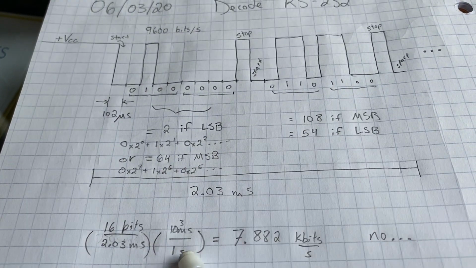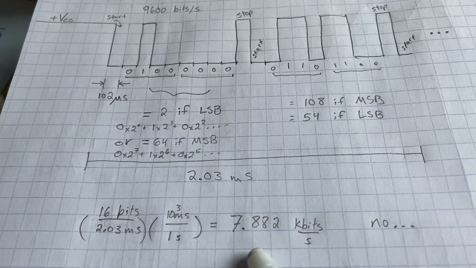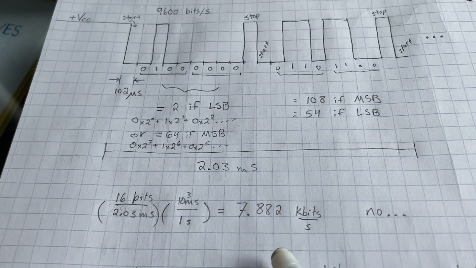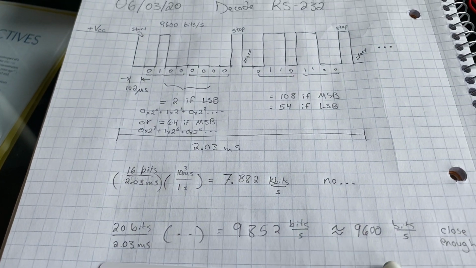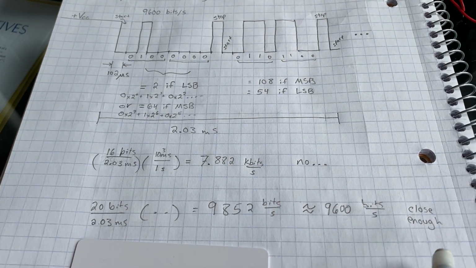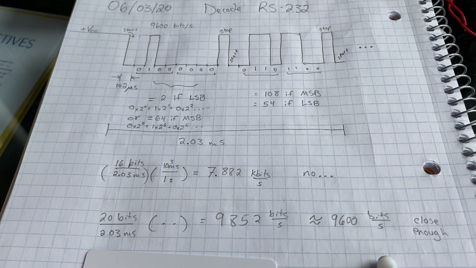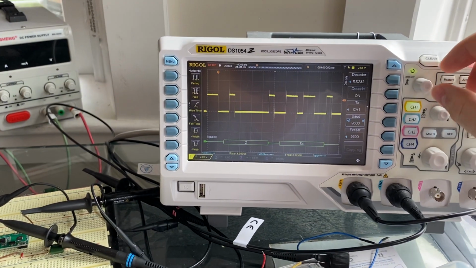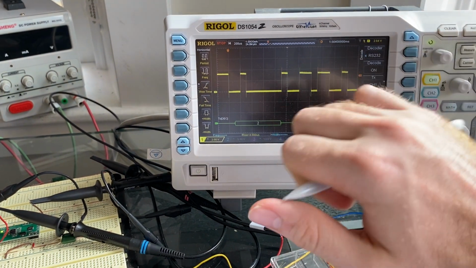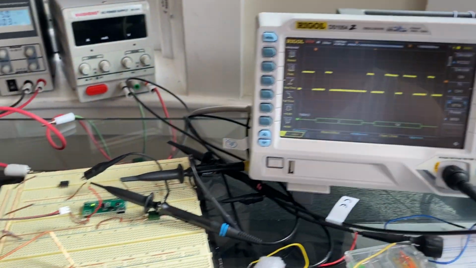And 2 bytes, 16 bits, that's only about 7,800 baud. So it actually turns out the 9600 comes from including the start and stop bits as well. And it's not even exactly 9600, but it's close enough. You can even tell the scope to interpret it as more than 9600, and it'll still work here.